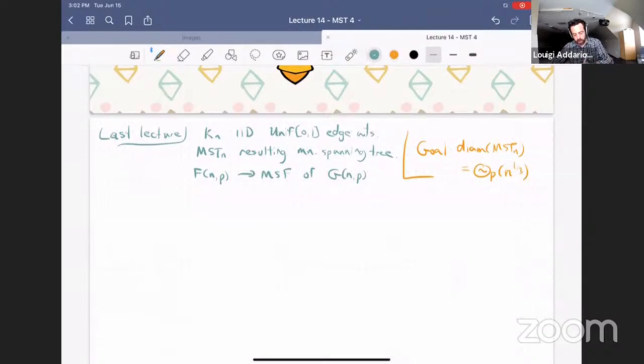So what we'd seen so far is that, and I'm going to give myself a bit of notation, which I didn't use last lecture, but which I'll use quite a bit today.